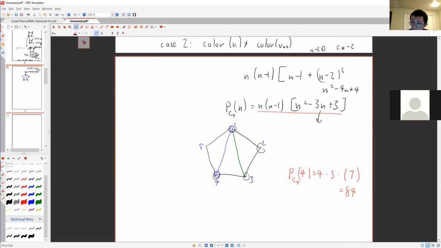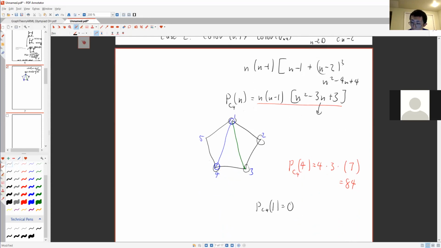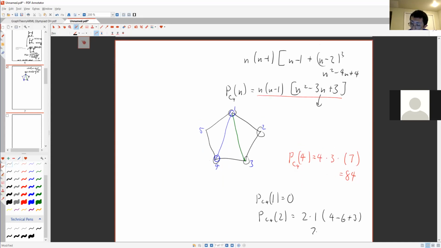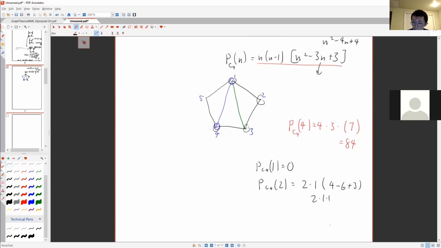If n equals 1, P of C4 of 1, then it's 0. There are 0 ways to color it with one color. If we plug in 2, this says it's 2 times 1 times 1. So there's 2 ways to color it, right? And that matches what we said before, because you could have A, B, A, B, or swap the diagonals, B, A, B, A, like that.